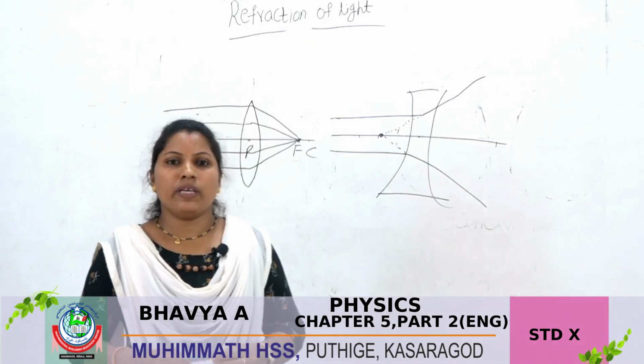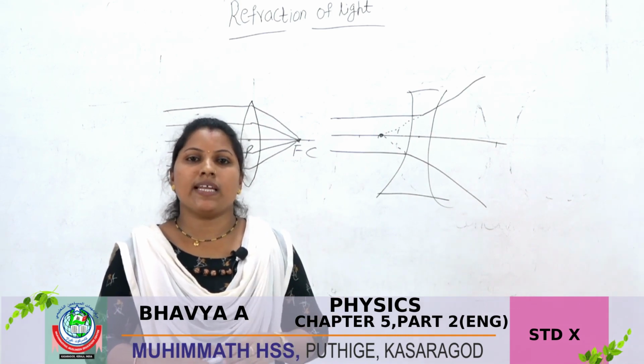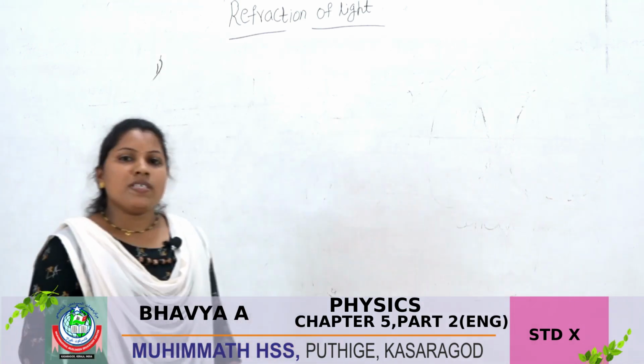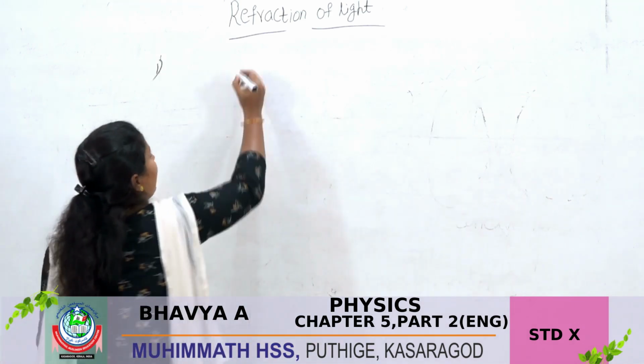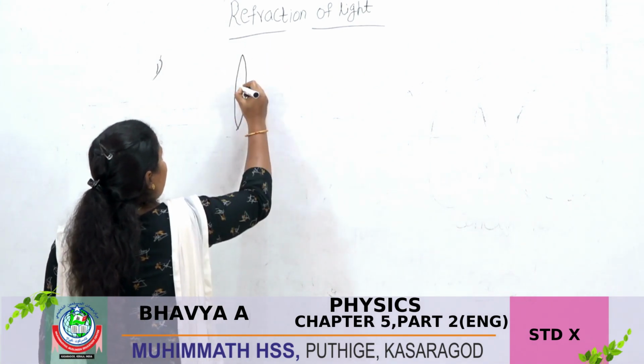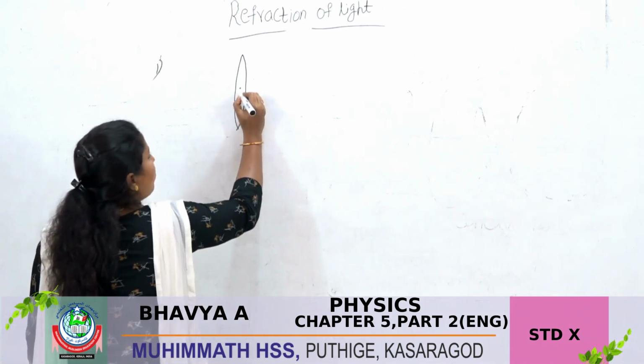The rules are the following when a ray of light passes through a convex lens and a concave lens. The first rule: when a ray of light falls on a convex lens and passes through the optic center, no refraction takes place. It passes straight and does not undergo any deviation. Similar process in a concave lens also.